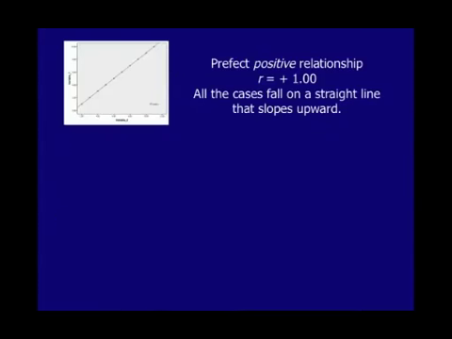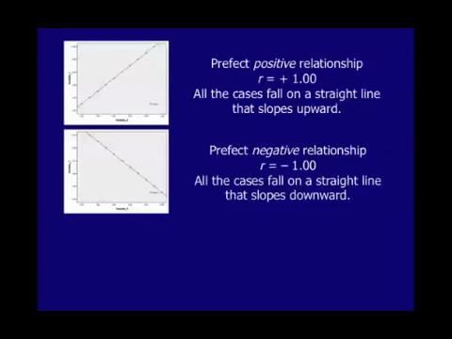If we plot a correlation in 2 dimensions, one variable being vertical, one variable being horizontal, in a perfect positive relationship, all the cases fall in a straight line that slopes upward. The bigger one variable is, the bigger the other variable. A perfect negative relationship has all the cases falling on a straight line that slopes downward. The more one variable is, the less another variable is.